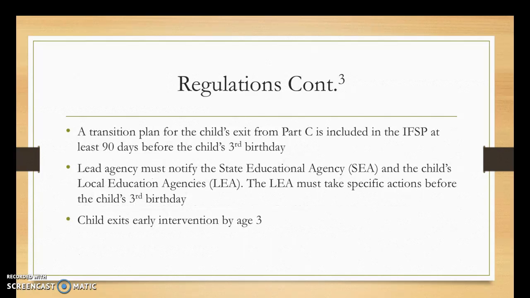A transition plan has to be put in place 90 days before the child turns 3, which is included in the written part of the IFSP. The lead agency must then notify the state educational agency and the local education agencies to make sure they take appropriate actions before the child turns 3. Then when they turn 3, they exit early intervention and possibly move to Part B, discussed by someone else.